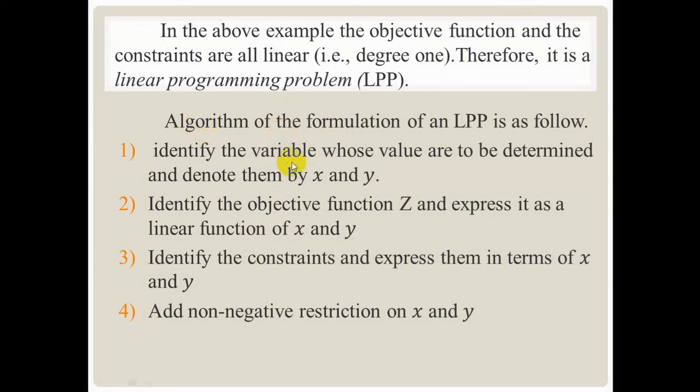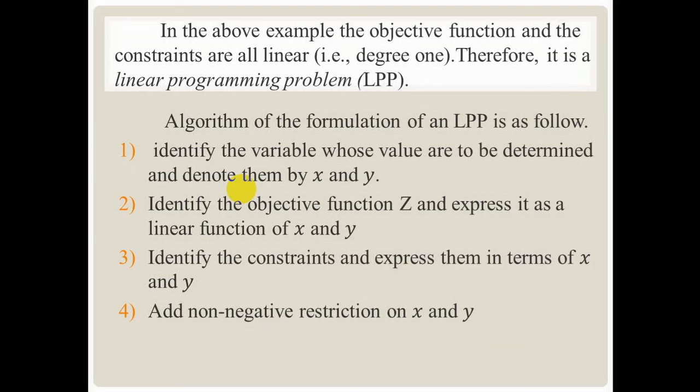First, you need to identify the variables whose values are to be determined and denote them. When you denote them, you can use the first letter of the item, or you can use x and y. Second, you need to identify the objective function. In the previous slide, I explained the objective function using f(x), but here you can use z or any alphabet letter.